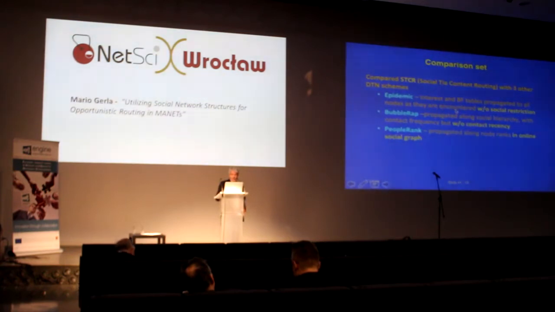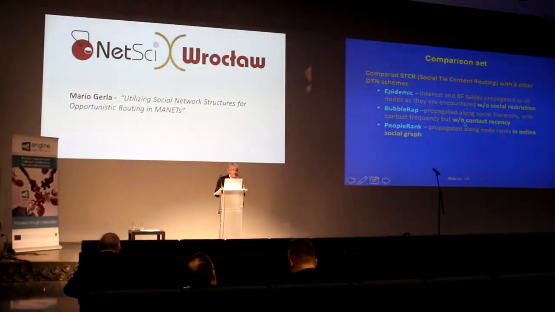And when the interest meets the content, then there is a propagation of the content back to the requester. Bubble Rap uses contact recency, and also the notion of fairness, like Jain's fairness.